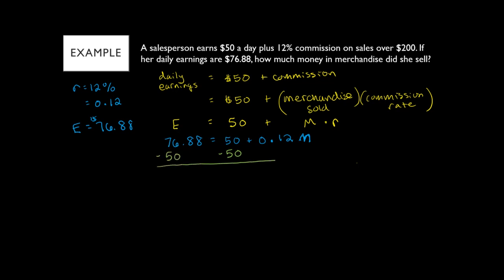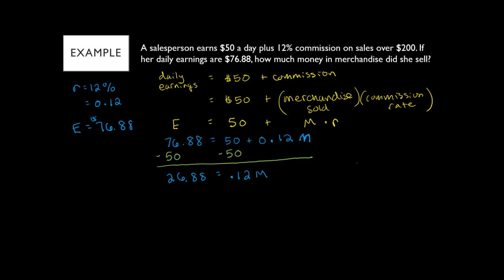So I'm just going to subtract 50 from both sides. And I'm doing this in a different color so that you can see that it's different from what my original equation was. So I'm going to just pull out my calculator and subtract 50. And we get 26.88 equals 0.12 M.